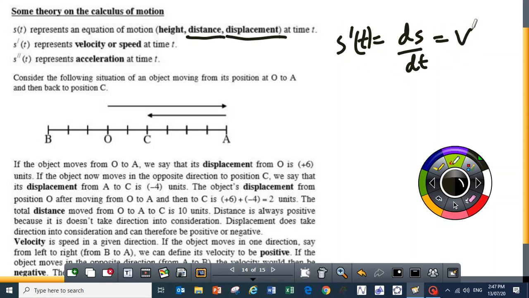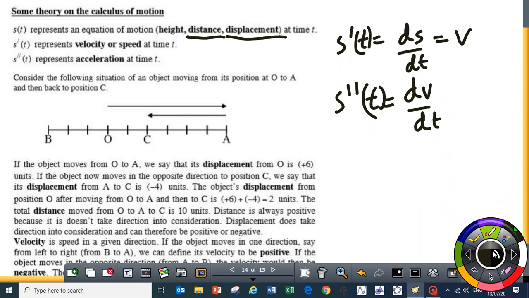If you use other function notation, s prime of t is equal to ds over dt, and that's the velocity. Furthermore, the second derivative, because acceleration is the rate of change of velocity, is the same as dv over dt.